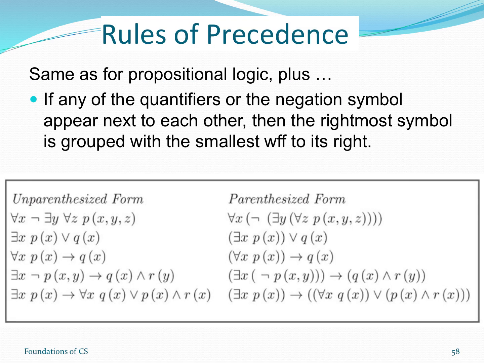So you need to know the rules of precedence for logic. Basically, if any of the quantifiers or negation symbols appear next to each other, then the rightmost symbol is grouped with the smallest wff to its right.